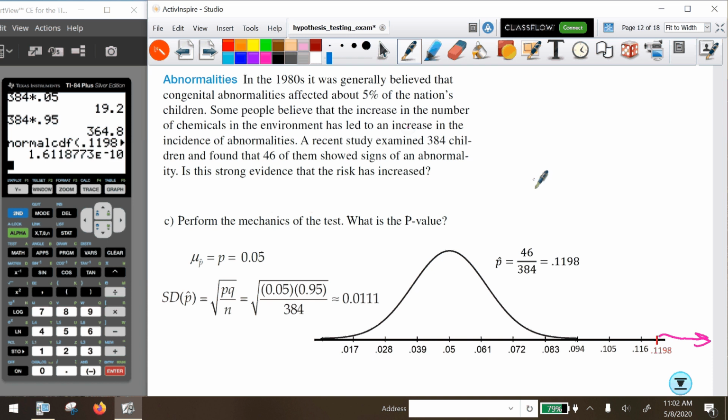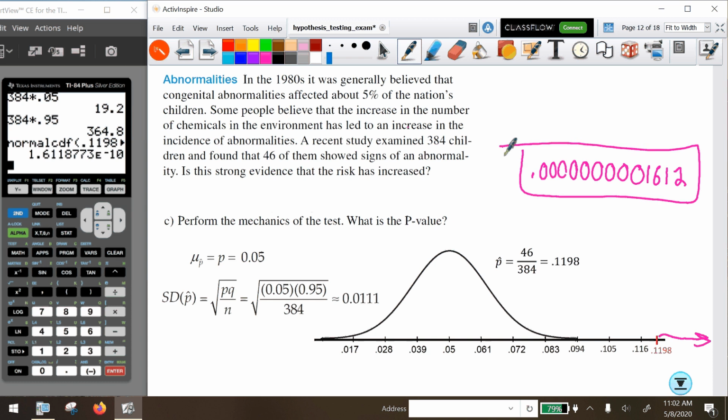So this is actually 0.0000000001612 if I round it there. So what is the probability of this occurring? Almost impossible. That is so close to zero that we're saying that this is almost impossible to obtain such a sample proportion if this really does have a mean of 5% and a standard deviation of this.